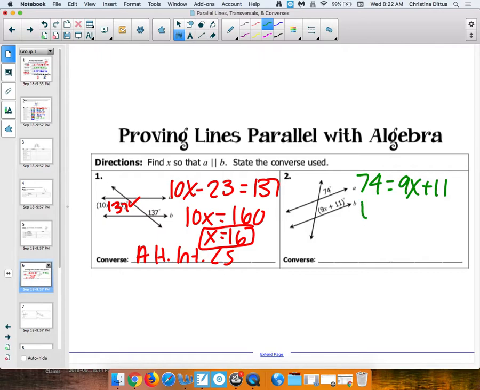Subtract 11 to get 63. And x is 7. We gotta plug it in to make sure we are right. 9 times 7 is 63 plus 11 is 74. Okay, and these were corresponding.